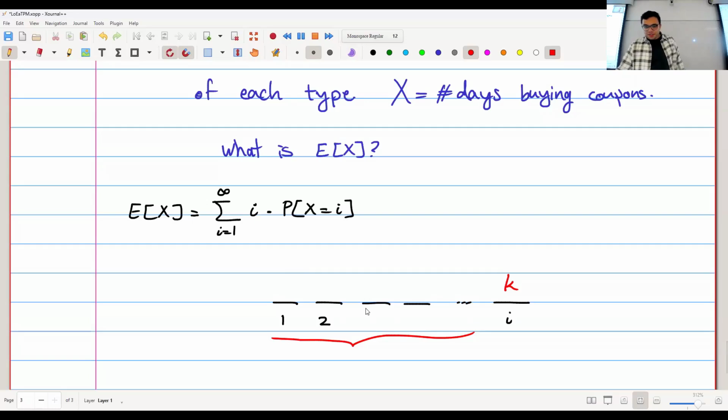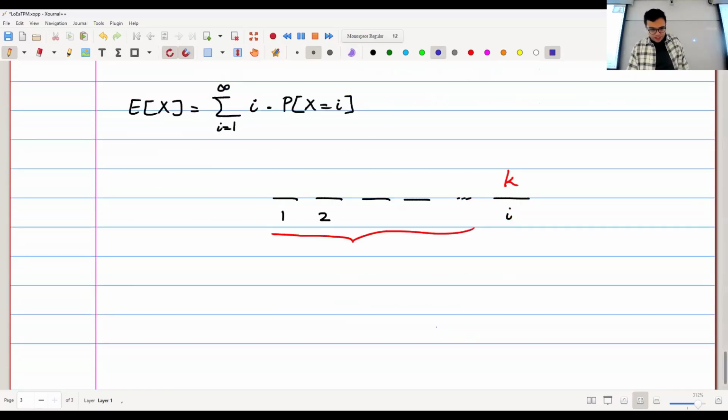In other words, my probability that x is equal to i is going to be this. I choose one type of coupon for my last day, day i, so that's n times. Then I have to choose how to fill up the previous i-1 days, and that's the number of onto functions from a set of size i-1 to a set of size n-1.